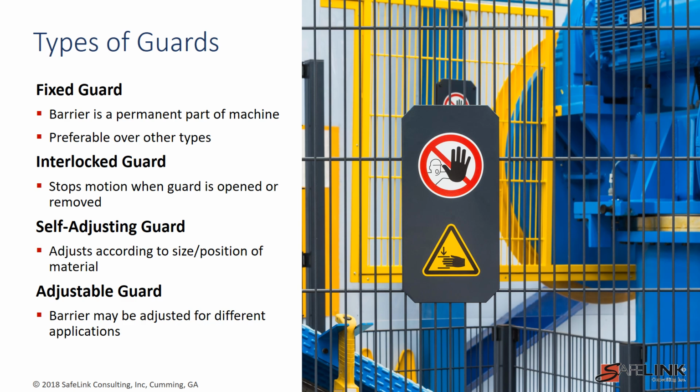Let's look at some types of guards. Fixed guards: this is a barrier that is a permanent part of the machine, and it is preferable over other types of guards. An interlocked guard stops motion when the guard is opened or removed. A self-adjusting guard adjusts according to the size or position of the material. And an adjustable guard is a barrier that may be adjusted for different applications.